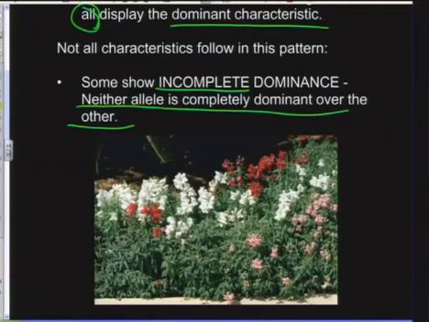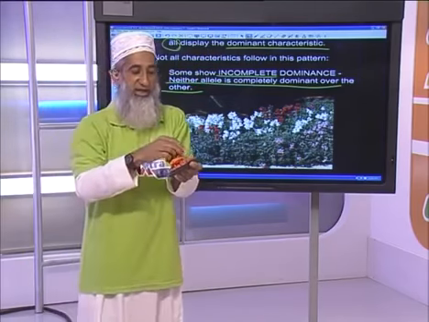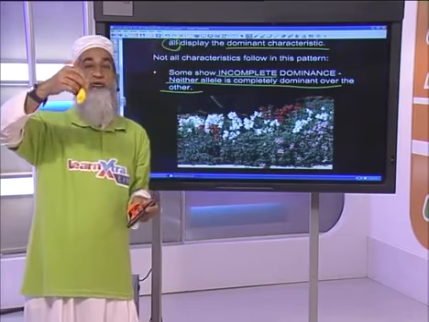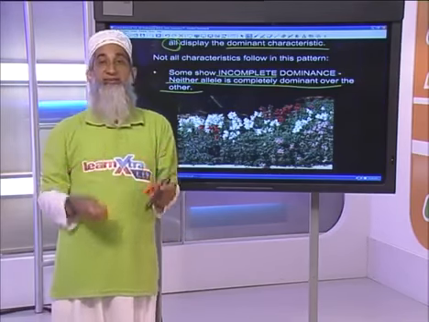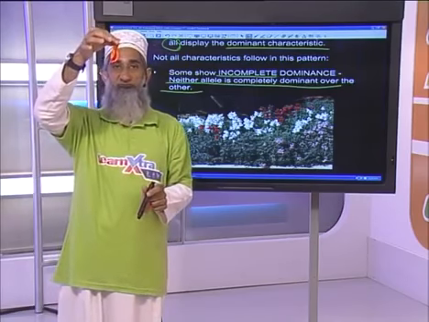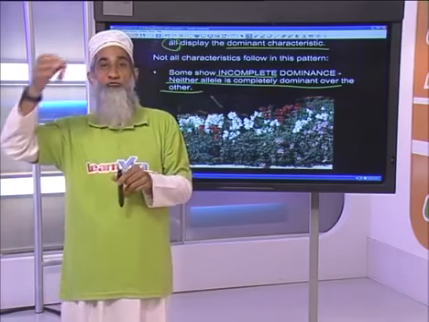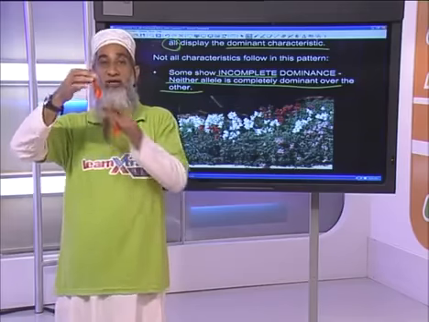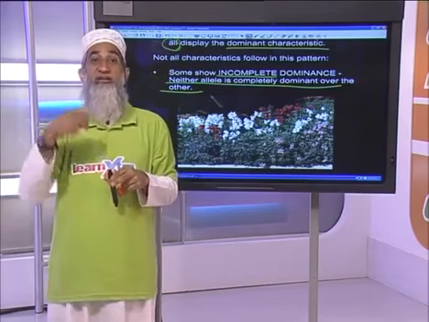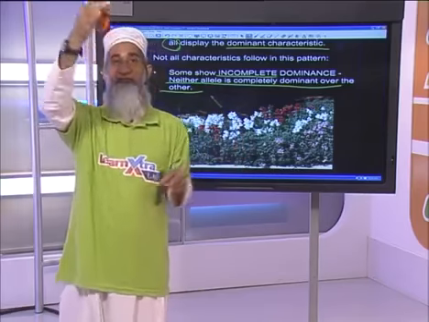For example, if we take a red flower and we cross it with a yellow flower, and the resultant offspring are all orange. So what has happened? Neither of the two characteristics was dominant over the other, and therefore none of them shows in the immediate offspring. We get an intermediate color. So red and yellow gave us orange.